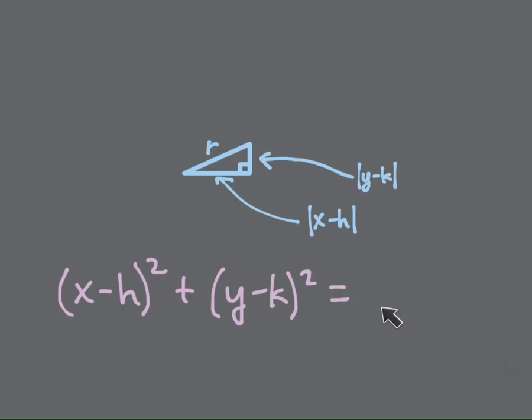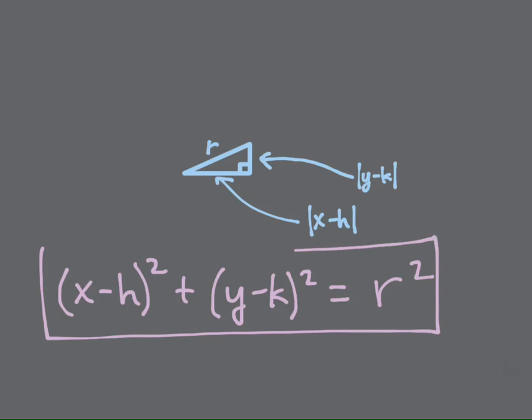This needs to be the hypotenuse squared, right? So what's the hypotenuse? So it's going to be r squared, right? So this equation here is just the Pythagorean theorem. Leg squared plus leg squared equals hypotenuse squared. It just happens to be the Pythagorean theorem for that triangle, which is a triangle within a circle. So this equation right here is the equation of a circle.